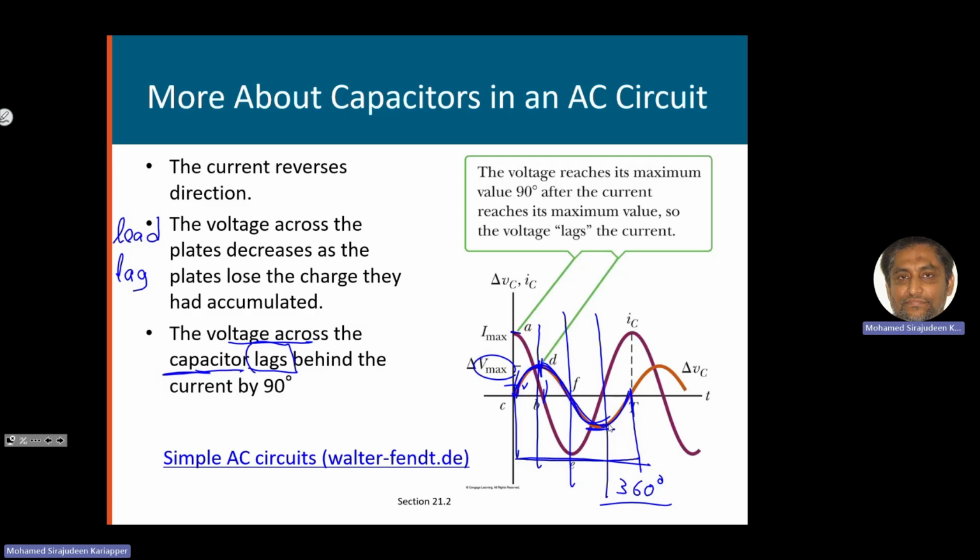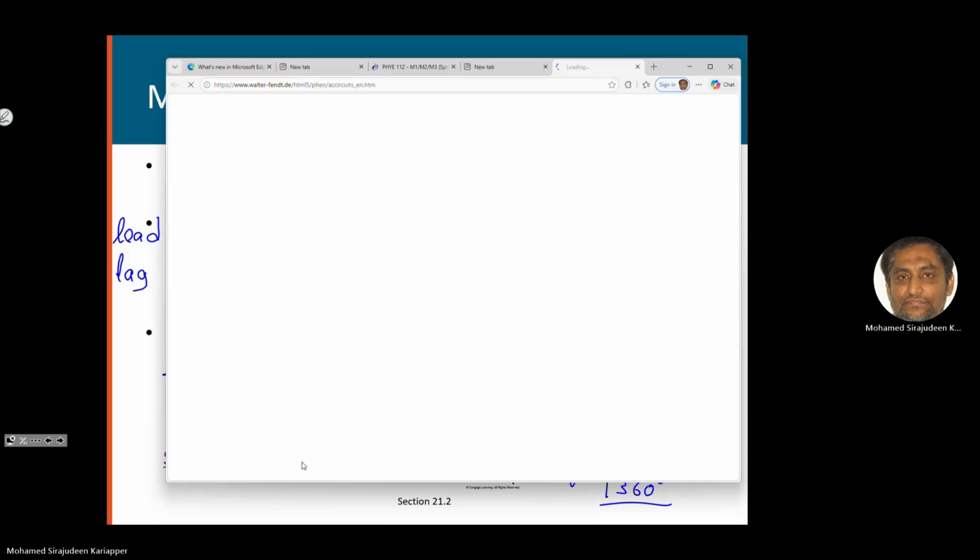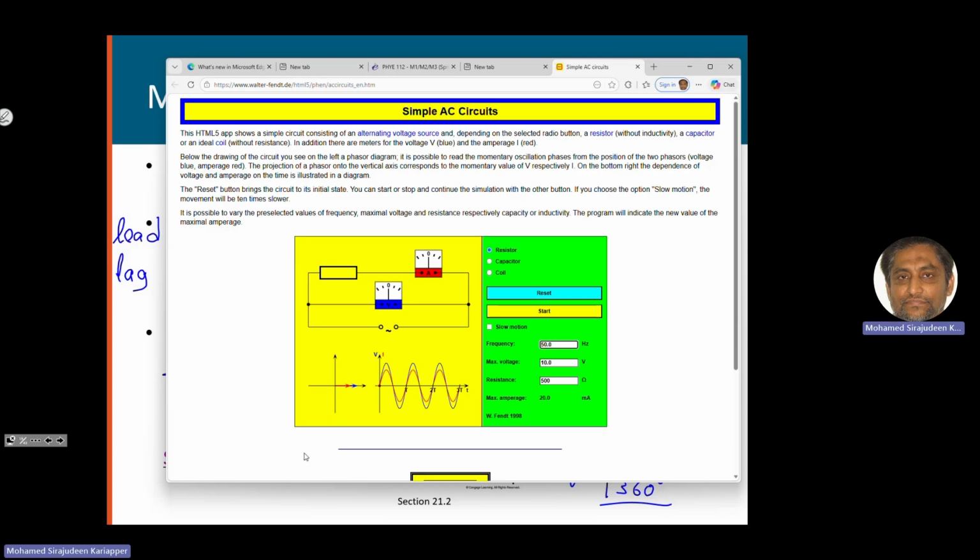There is an animation which I forgot to show you. Maybe let me show it here. So here, this is our resistor. This is the only resistor, not the capacitor, and we have the AC source here.